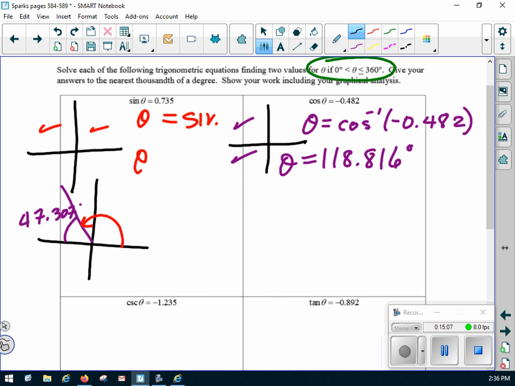How in the world then do I find the angle that terminates in quadrant 3? How do I find that angle right there? How do I find my blue angle?